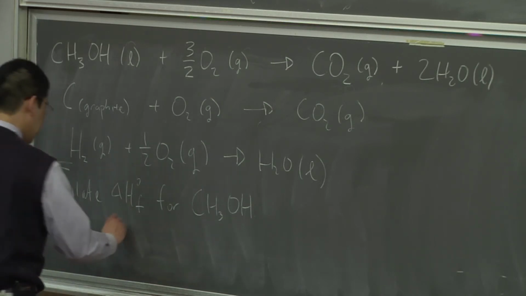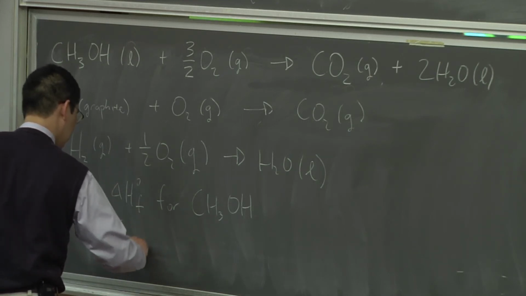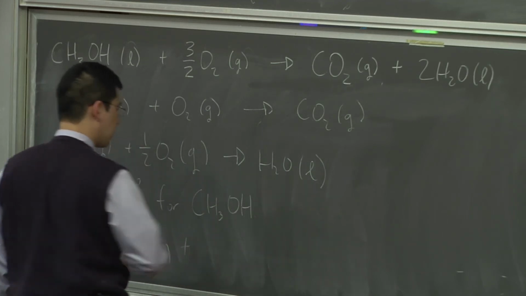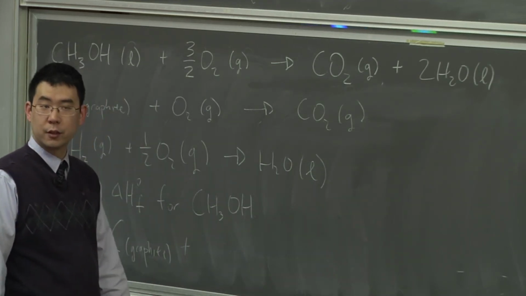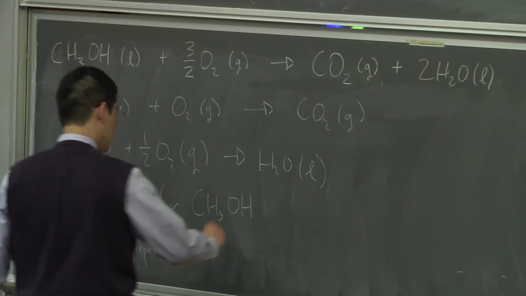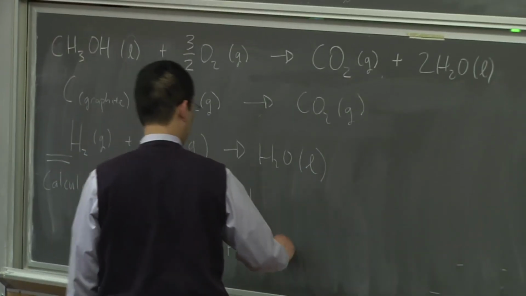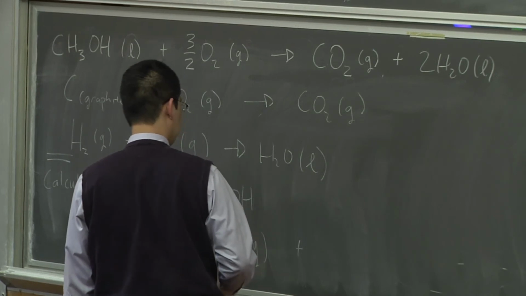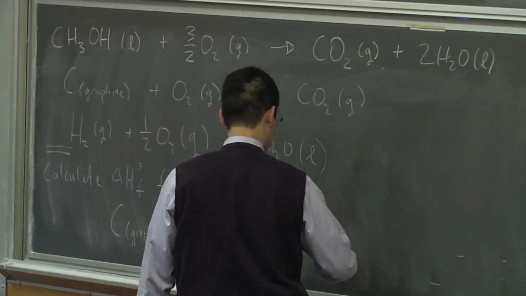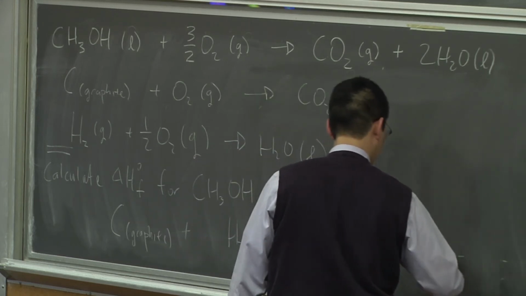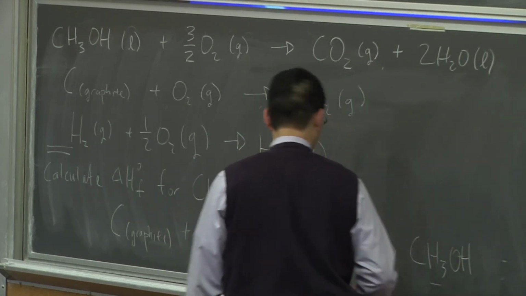So it's going to be C graphite, plus, what's the most stable form of hydrogen at room temperature? H2 gas, plus, and what about oxygen? O2 gas gives you CH3OH, and what do we need to do now?